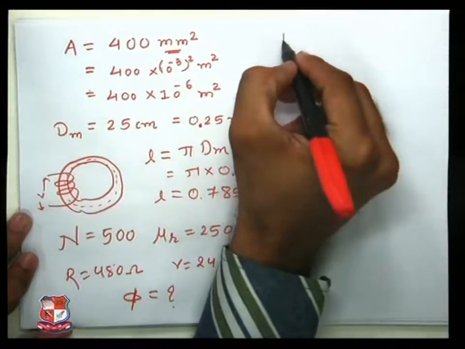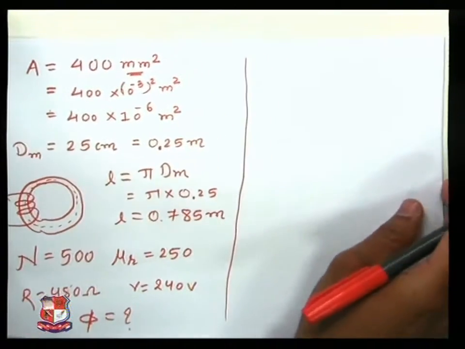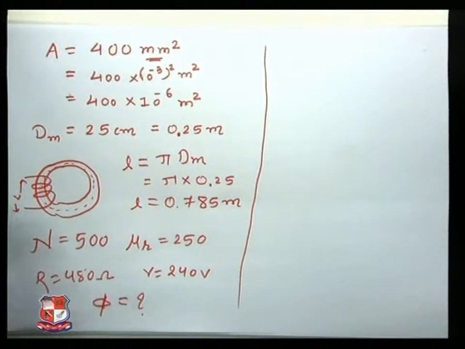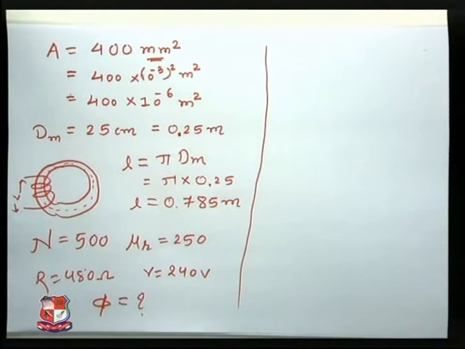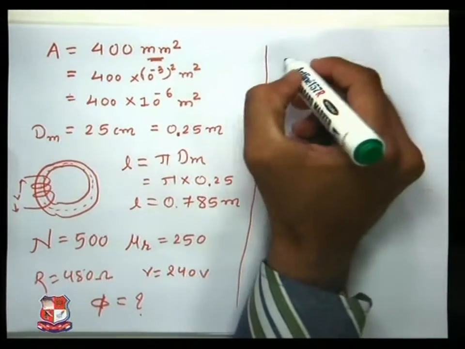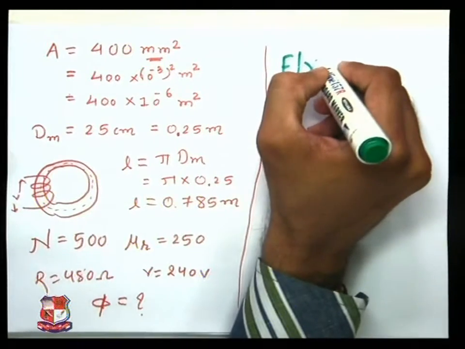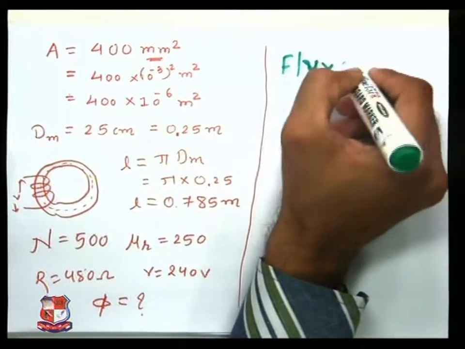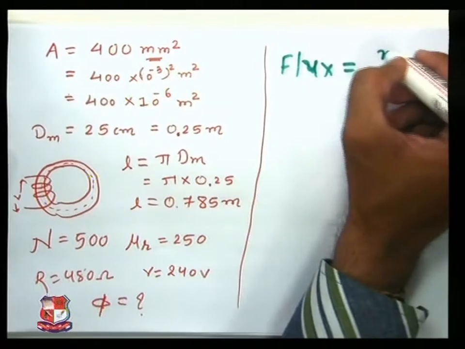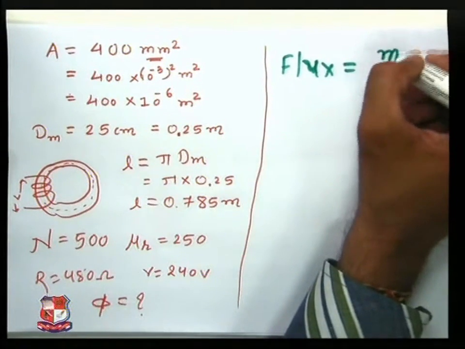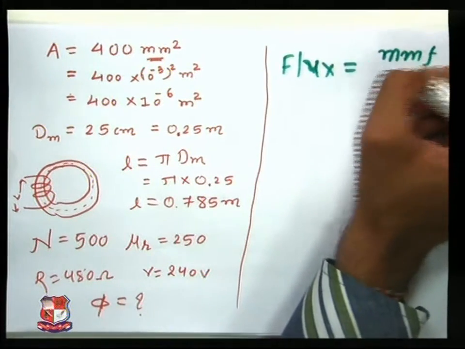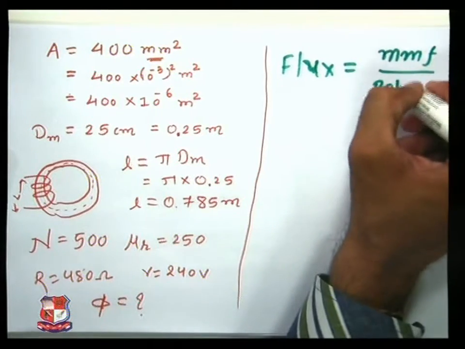Now we know the formula: flux equals mmf upon reluctance.